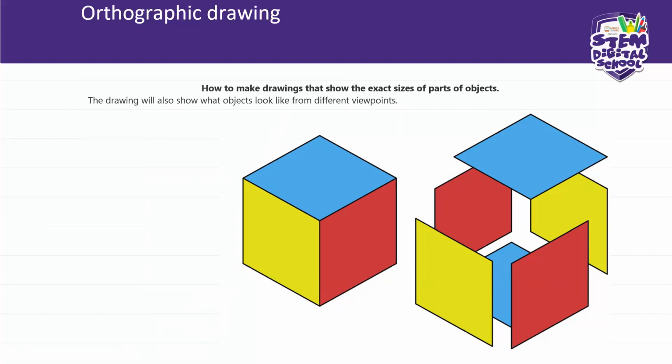It means that when you draw orthographic, you are going to draw this view, that view, and that view. Because we said in a 3-dimensional drawing, you see 3 sides. So you're going to reflect the sides that you see on a flat piece of paper. So that is orthographic drawing.